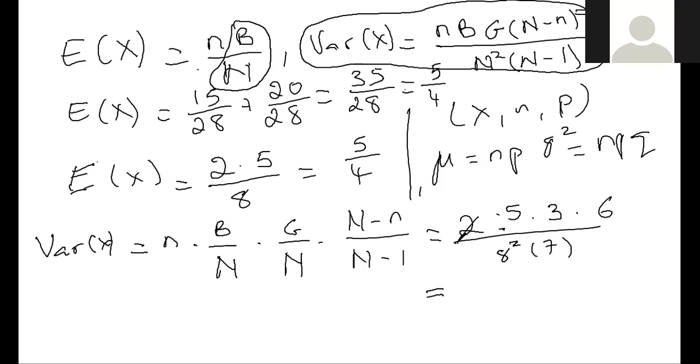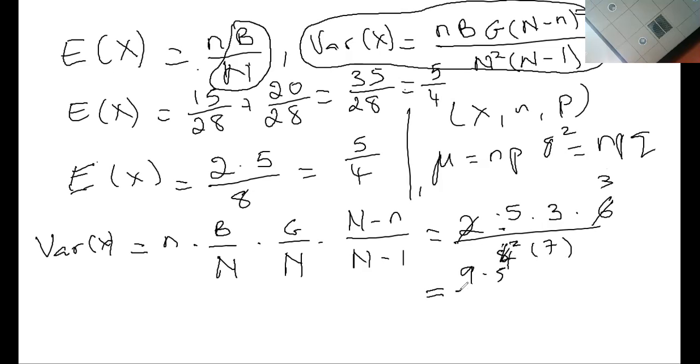So there is 1, 2 here, 1, 2 here. We change this one into 4 times 4. So this is 9 times 5. You can use your calculator to do it. 16 times 7.